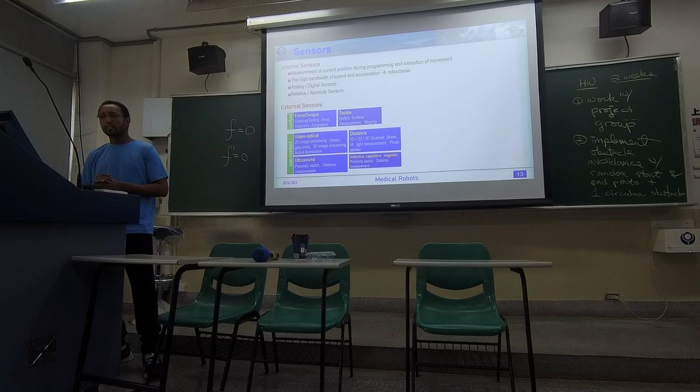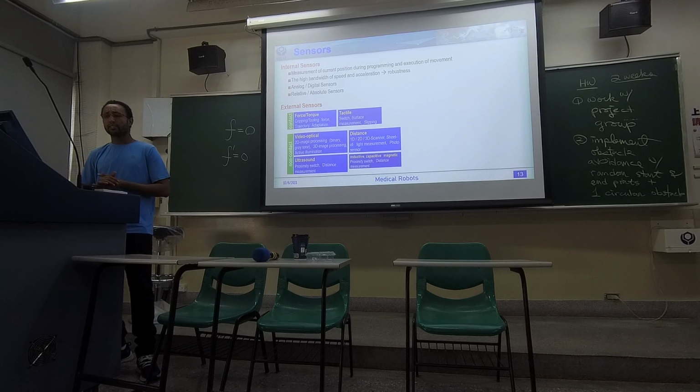And about the sensors, there are basically 2 types used in medical robots: internal sensors and external sensors. The internal sensors measure the current position during programming and execution of the movement, and the acceleration and velocity of the motors inside. They can be analog or digital sensors, relative or absolute sensors, based on the type of task performed.